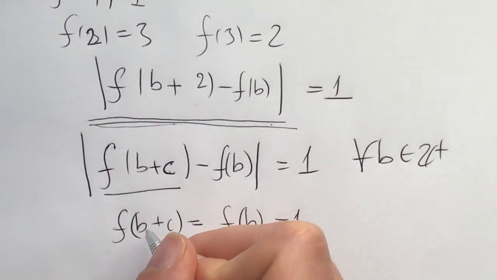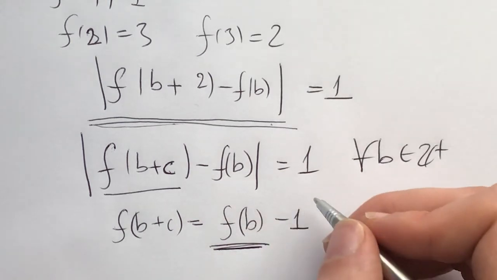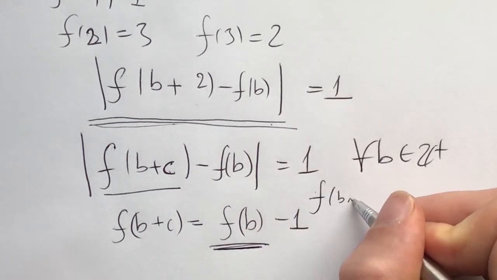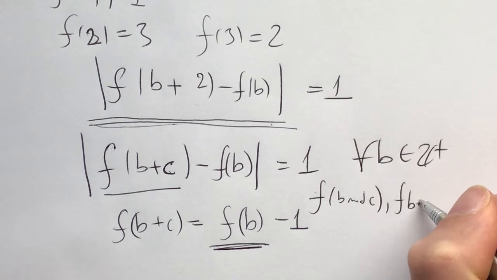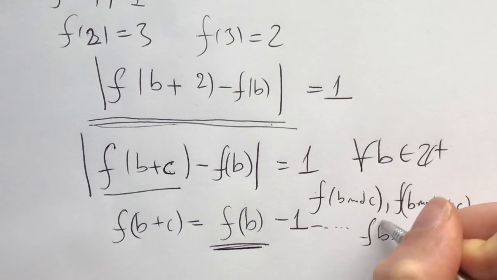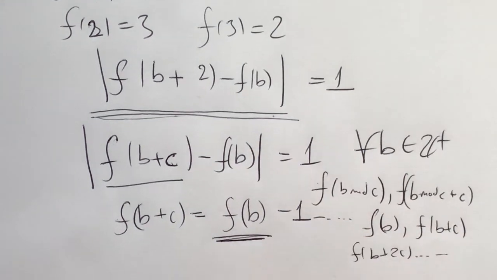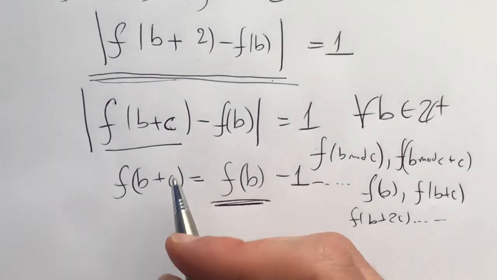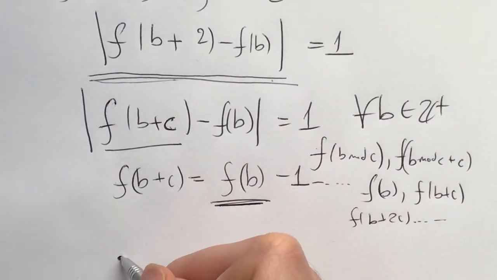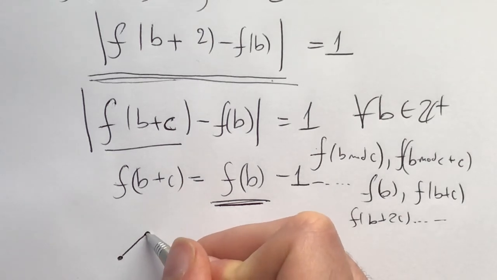If this happens in the beginning, quote unquote, you can imagine the sequence f of b mod c, f of b mod c plus c, all the way till f of b, and f of b plus c, f of b plus 2c, and so on. Unless this happens in the beginning, you can imagine what this f looks like. We get f of b mod c, and then say it goes up by 1.